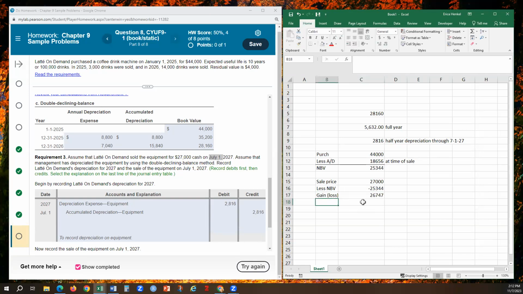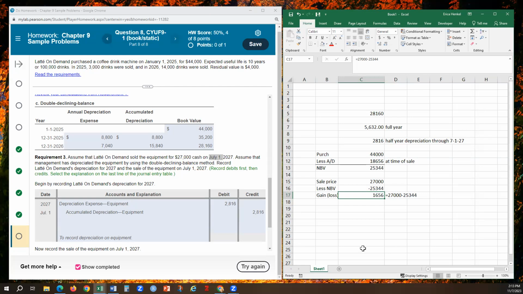Whoops, I typed that wrong. There we go. So that gives us a gain of $1,656.